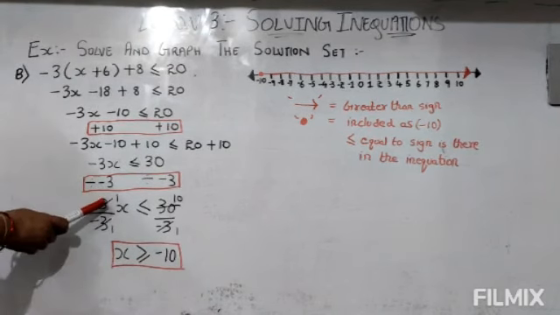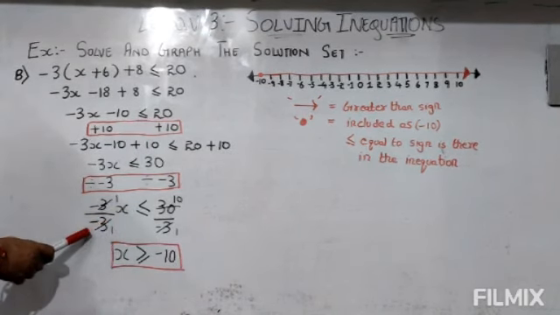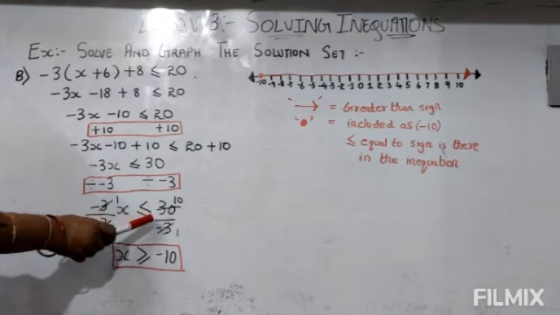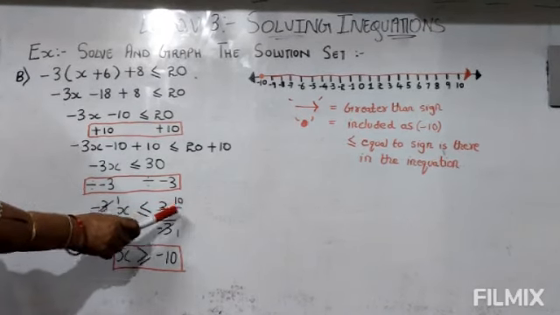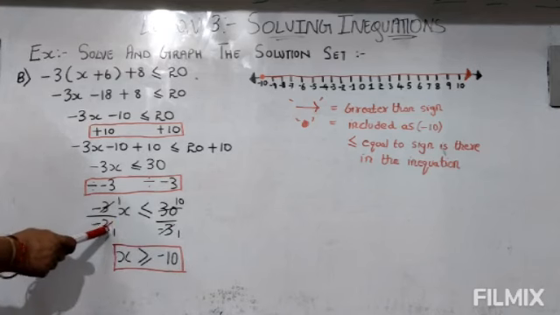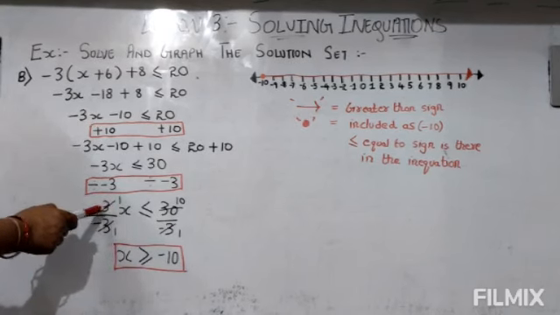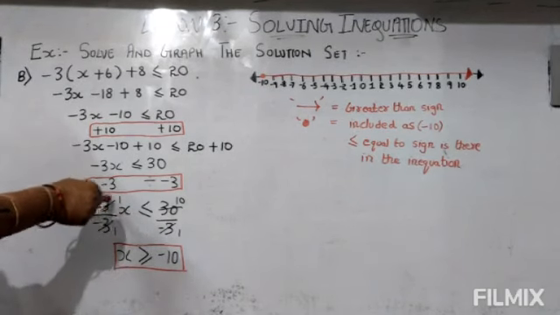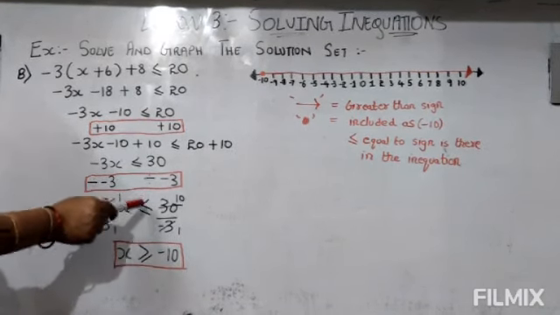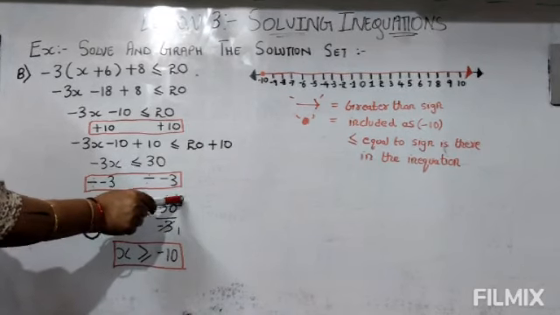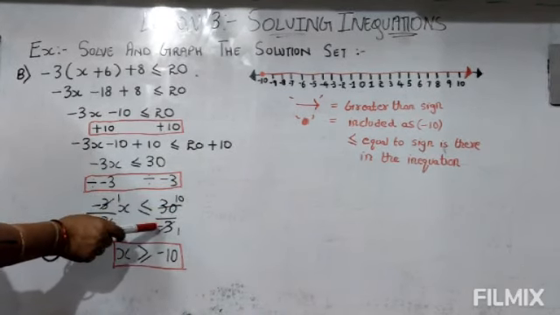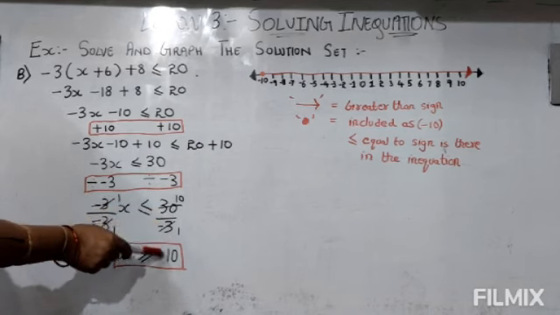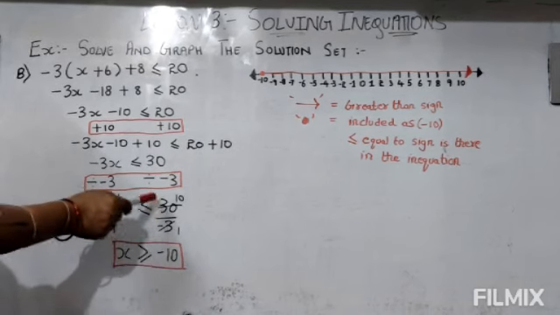So minus 3 by minus 3x is less than or equal to 30 by minus 3. 3 ones are 3, minus and minus get cancelled here. x becomes positive. Here 3 ones are 3, 3 tens are 30. Here it is plus, here it is minus. Therefore, it is minus itself, minus 10.